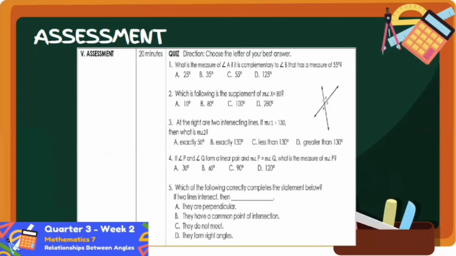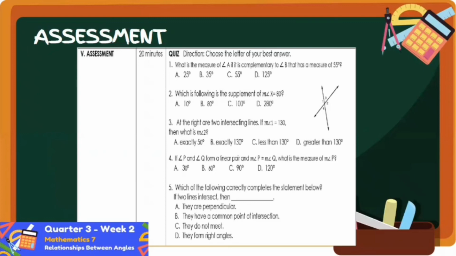Number 4. If angle P and angle Q form a linear pair and the measure of angle P is equal to the measure of angle Q, what is the measure of angle P? A, 30 degrees, B, 60 degrees, C, 90 degrees, or D, 120 degrees.